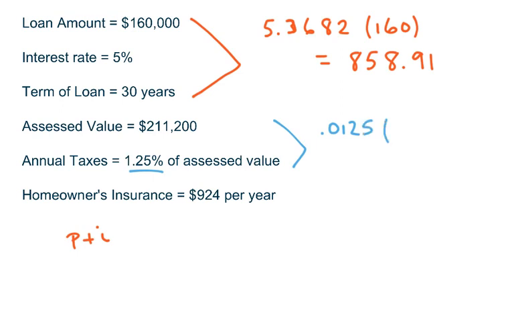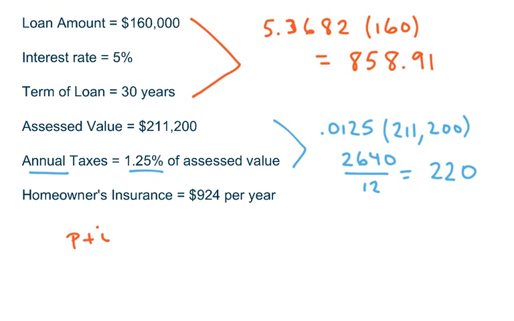And we're going to multiply by the assessed value of $211,200 to find out that we are going to pay $2,640 annually. Remember, we're looking for our monthly payment here. If we're going to pay $2,640 in a year, we need to divide that by 12 to find out how much we're going to pay in taxes each month, and that's going to be $220.